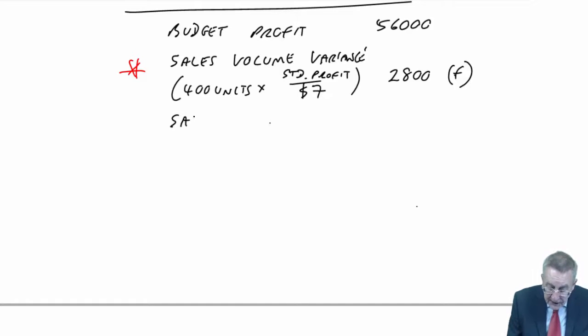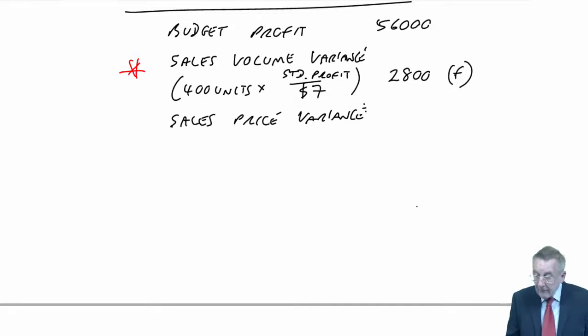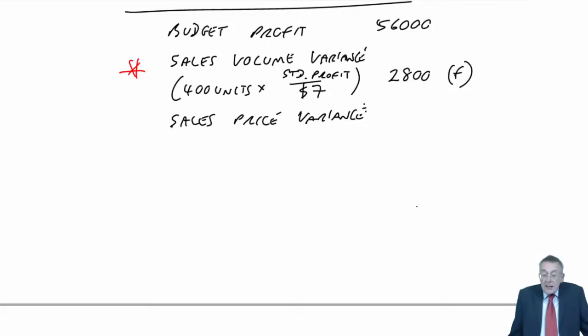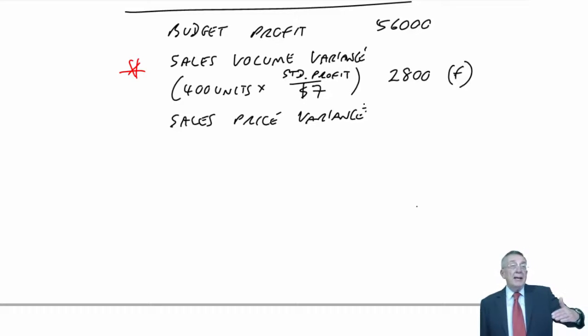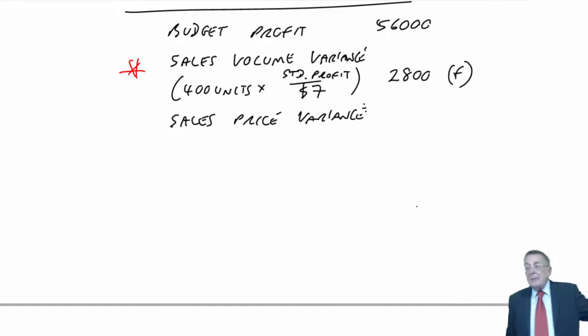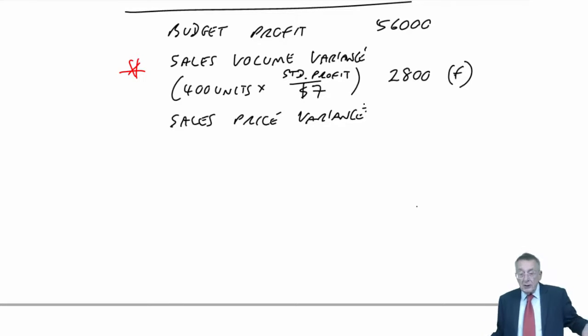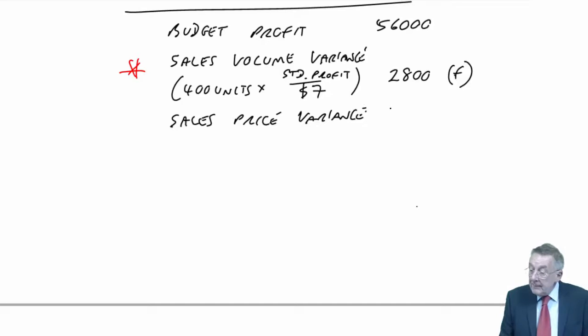But we had a sales price variance. Last time it was 16,800, and exactly the same workings. If you reduce the price by $1, you have $1 less profit. Doesn't matter whether you're doing absorption or marginal. So as before, it's 16,800 adverse.